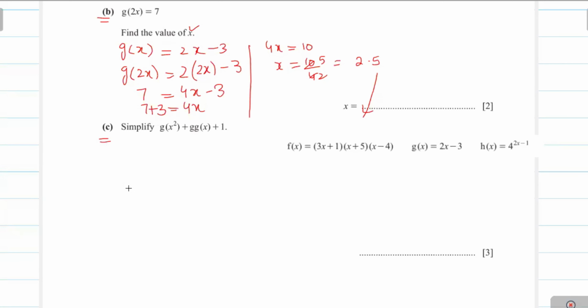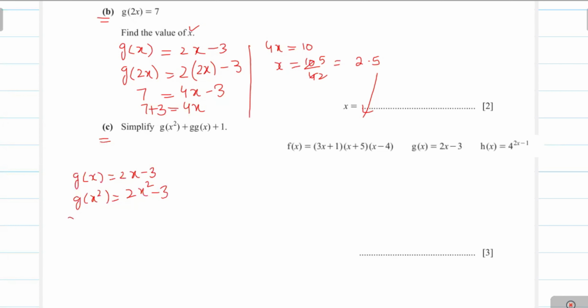Part C, simplify g of x square plus g of x plus 1. You see here g of x equal to 2x minus 3. Now g of x square will be equal to 2x square minus 3.